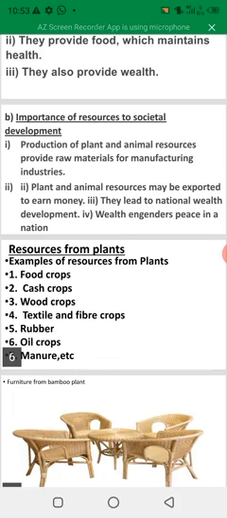Like I said, our timber is exported overseas, and it earns us money. Hide and skin are exported overseas, and they earn us money. Wealth enhances peace in a nation. Yes, that is, if there is no wealth in a nation, the nation will not go well.